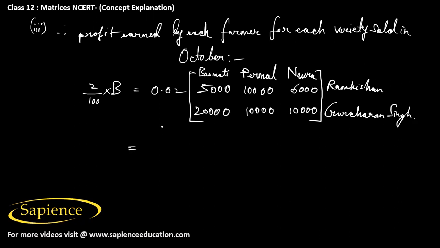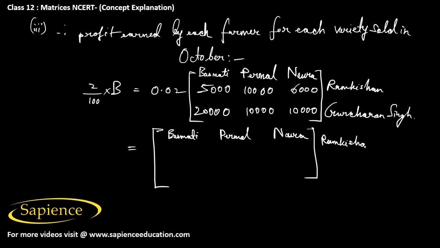So this is for Basmati, for Perumal, and for Nora. The profits we have to find for Ramkishan and for Gurcharan Singh.